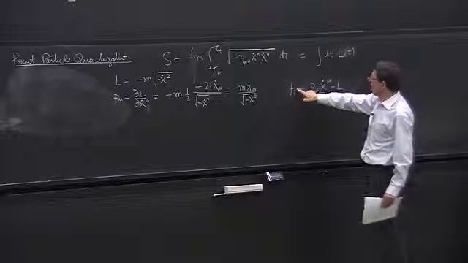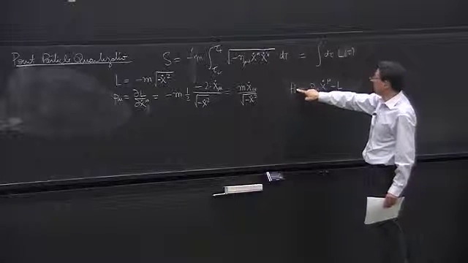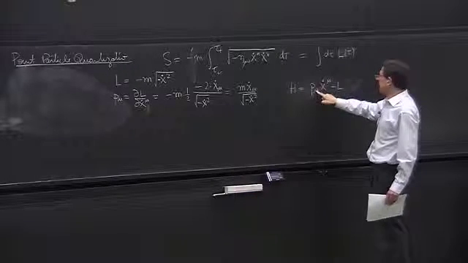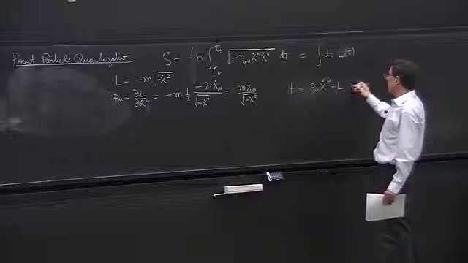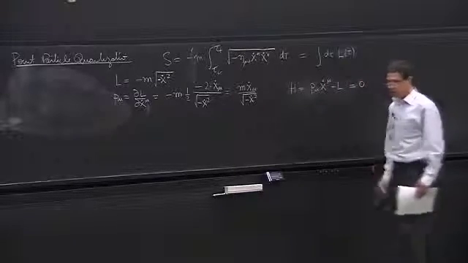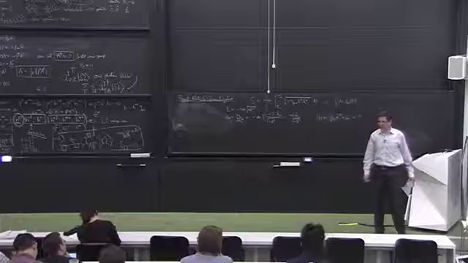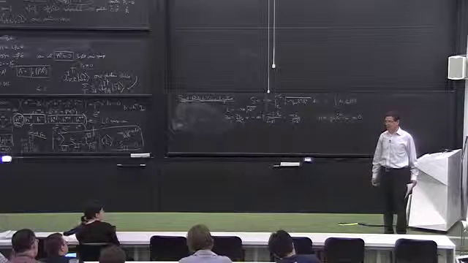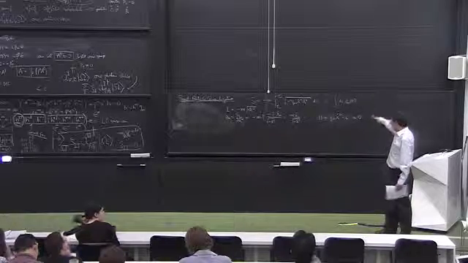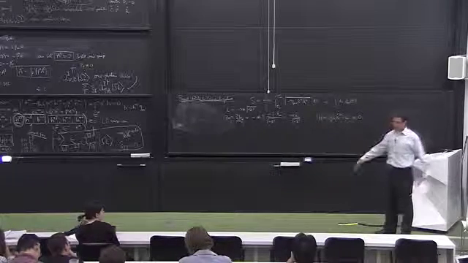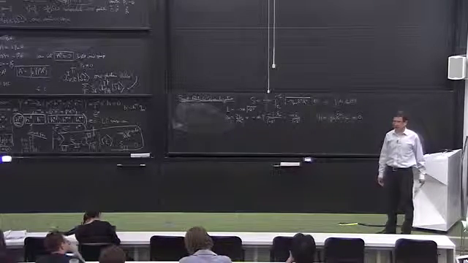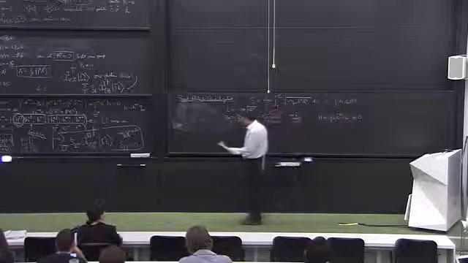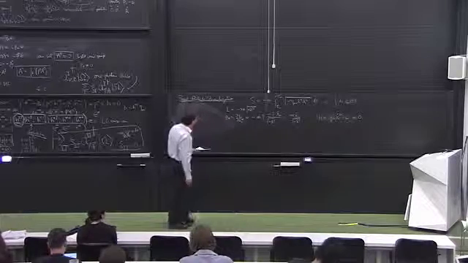Now, of course, this should be left at the end in terms of p's only, but, well, forget about that. You substitute what p is and x dot, and you calculate this, and out comes 0. It's a very disturbing fact, but the Hamiltonian vanishes. And therefore, the covariant quantization of this thing is subtle. You have to think what's going on, and we don't try to do it this way now. We'll do it that way later.